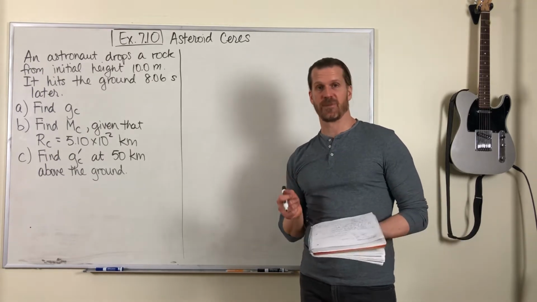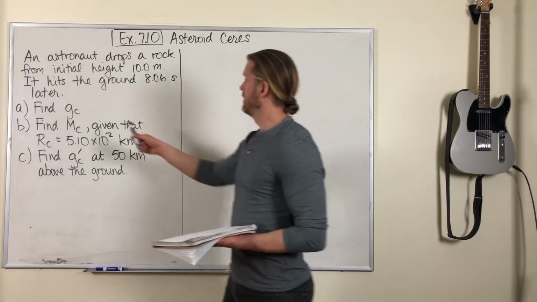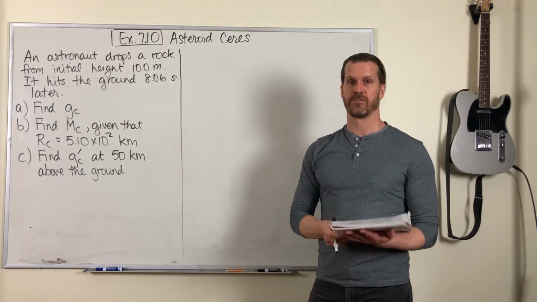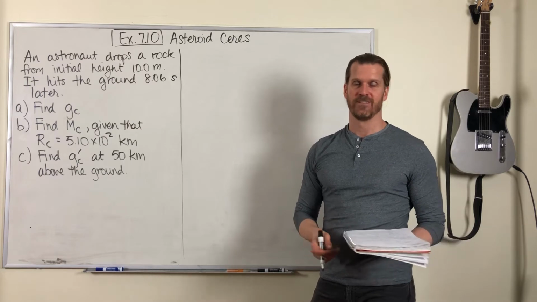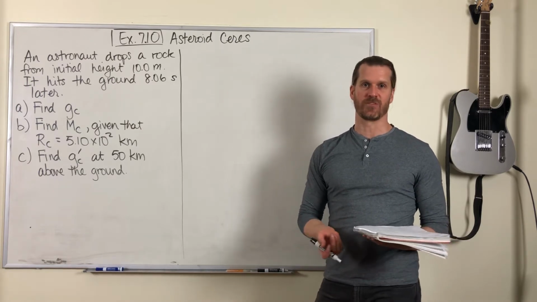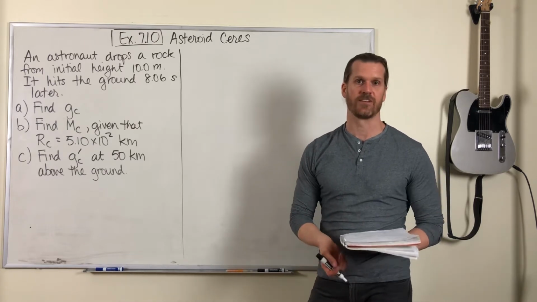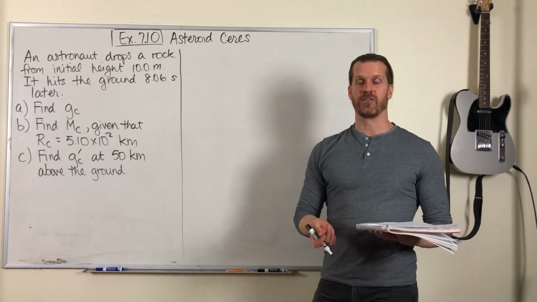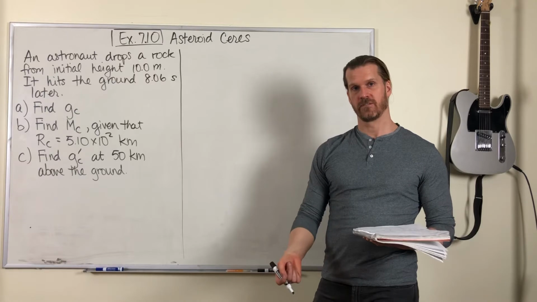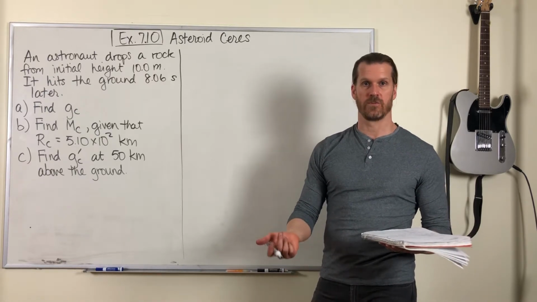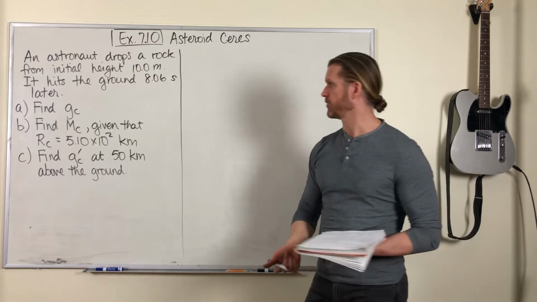From that information, we can figure out the acceleration of gravity on that asteroid. We can figure out the g value. g is 9.8 meters per second squared on the Earth's surface, but as we learned in the previous lesson, g depends on the mass of the object and the distance from the object's center.